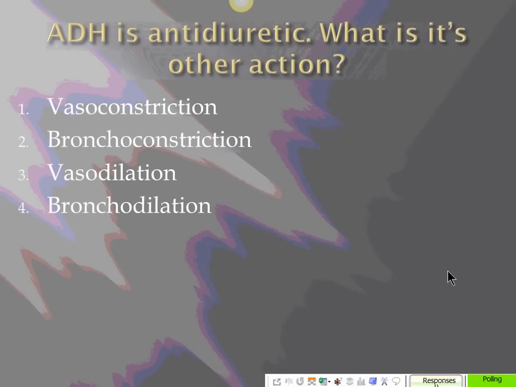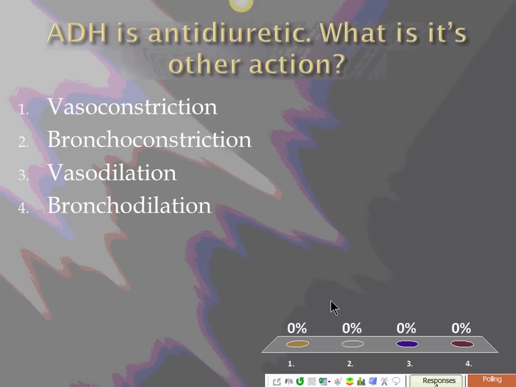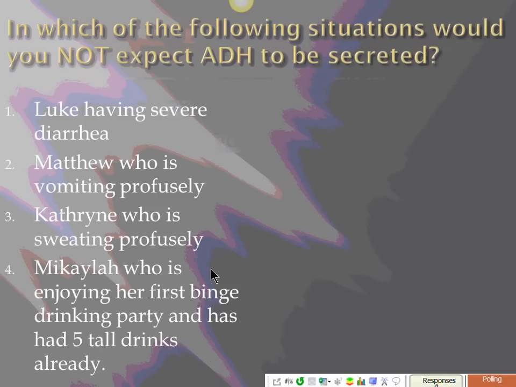So let's look at some other actions and some situations when ADH is released or not. It's antidiuretic. So what is its other action? Yes, very good. Vasoconstriction. So think of all of these scenarios.